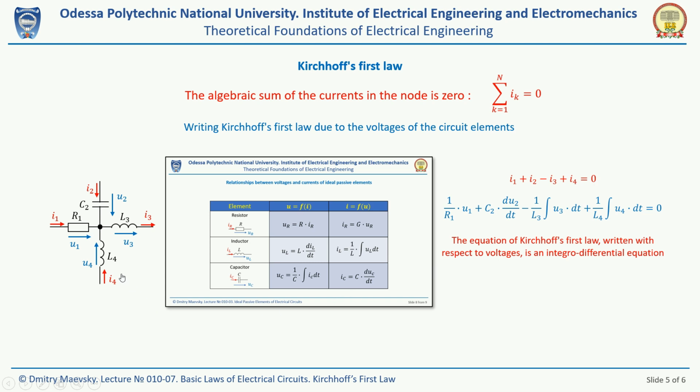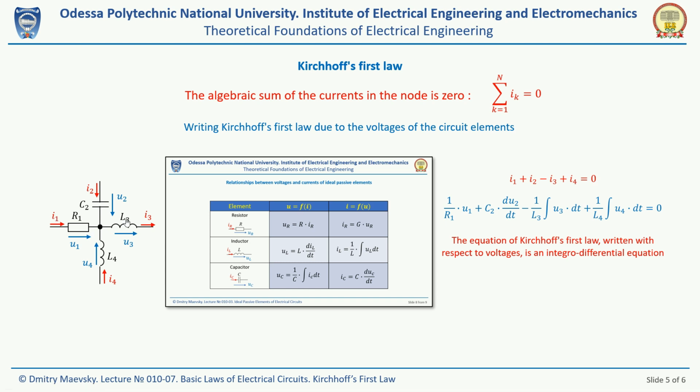Consider the equation of Kirchhoff's first law considering currents. Current I1, according to this scheme, acts in the resistor R1.